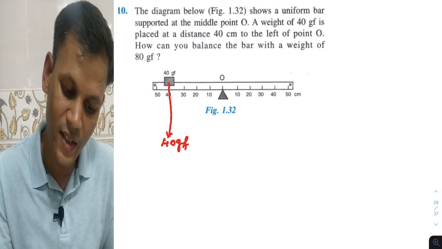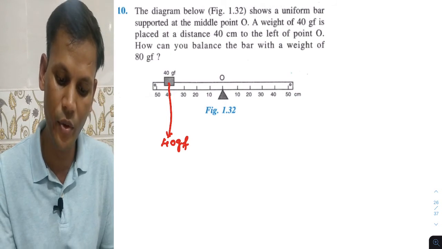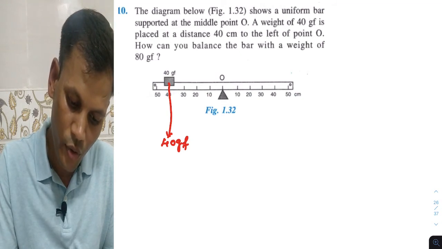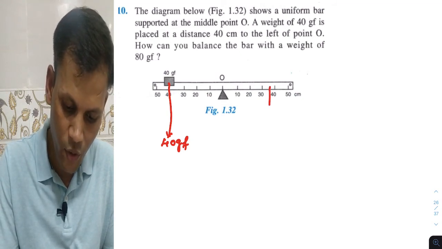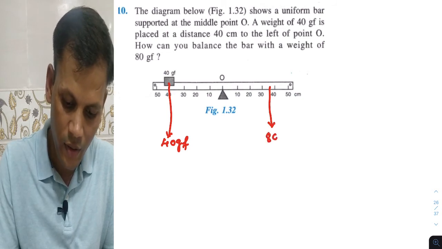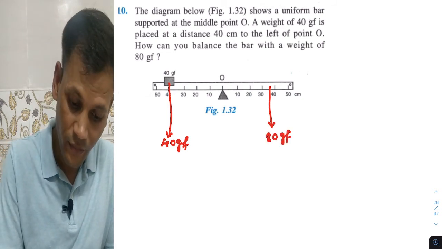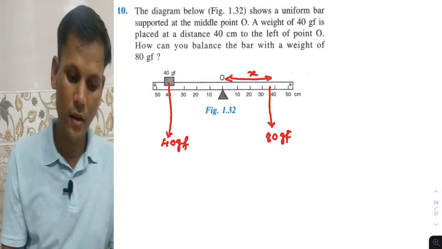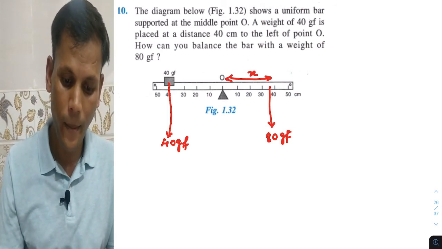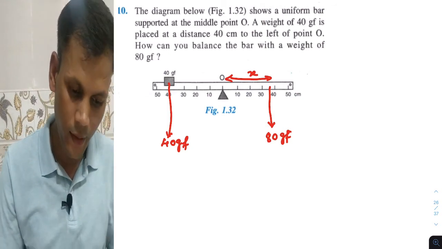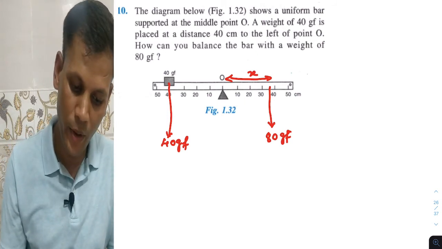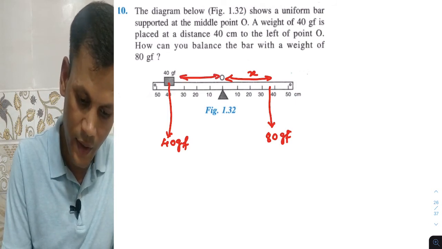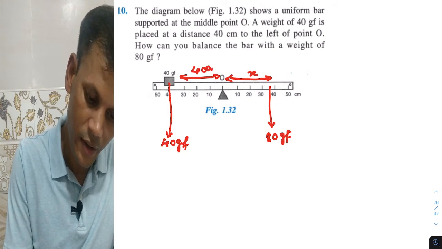How can you balance the bar with the weight of 80 gram force? We don't know where we have to keep it. So suppose we are going to keep it over here at any point, 80 gram force. Now this distance is suppose x. Again we have to apply the principle of moments, and this distance will be 40 centimeter.